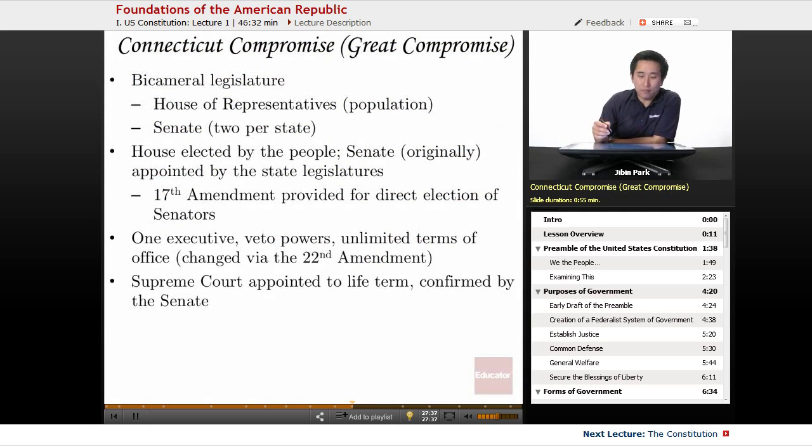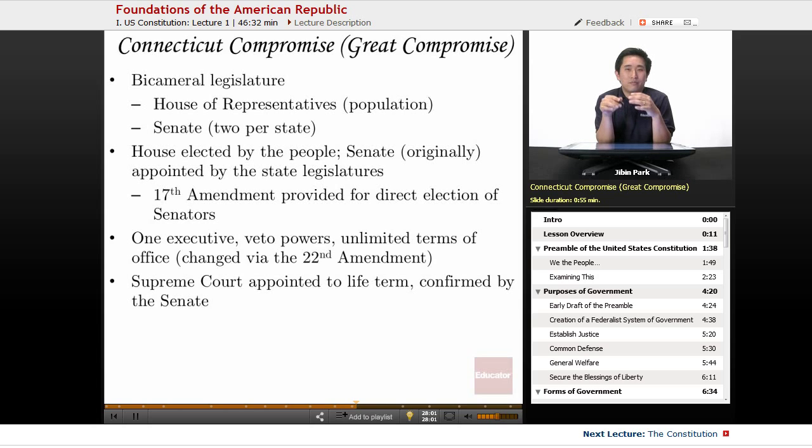So the Connecticut Compromise, or the Great Compromise, was exactly how it sounds. You took some elements of the New Jersey Plan, mostly the Virginia Plan, and they came up with something that was not necessarily perfect, but that satisfied contingents of both the small and the large states.